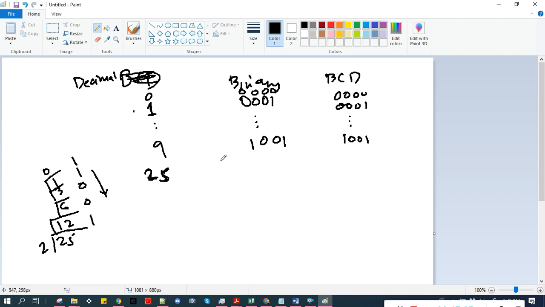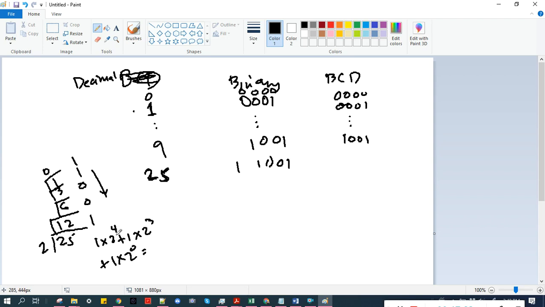So the equivalent of 25 in binary is 1, 1, 0, 0, 1. Let's check. If we convert this again to decimal, that's 1 times 2 to the power 4, plus 1 times 2 to the power 3, plus 1 times 2 to the power 0.